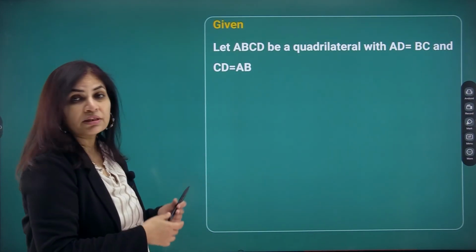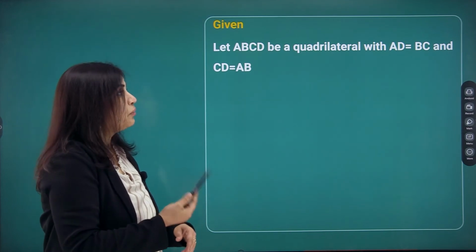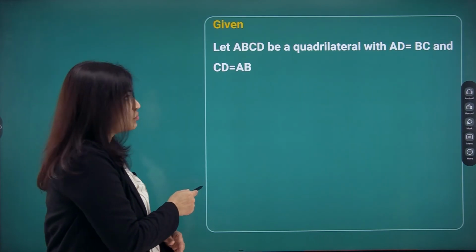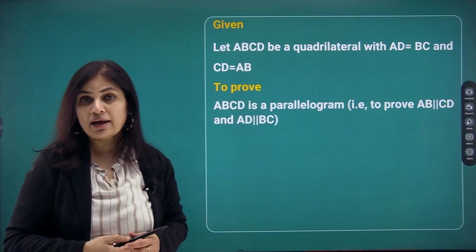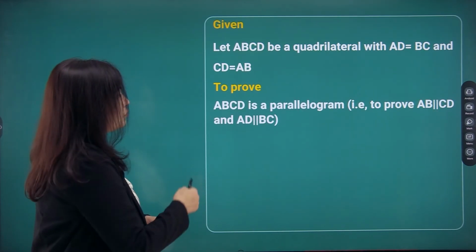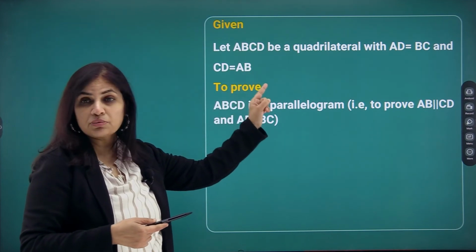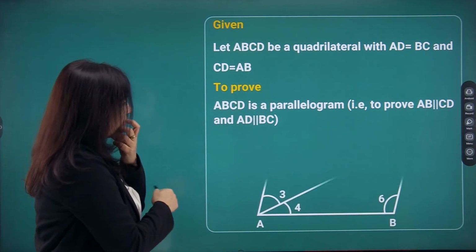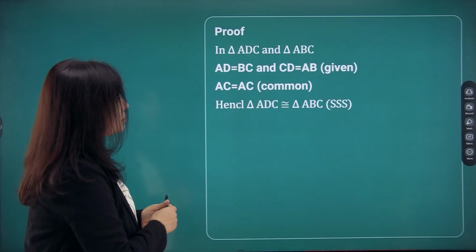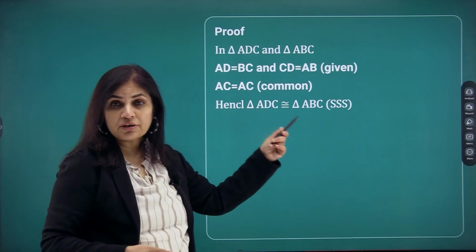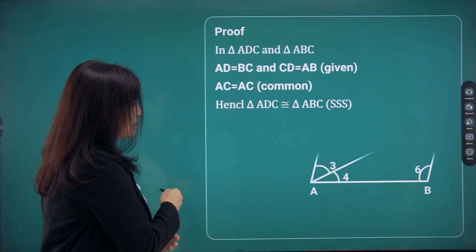We started with quadrilateral ABCD where the two opposite sides are given to be equal. We need to prove that ABCD is a parallelogram. That means we need to prove that the two pair of opposite equal sides are also parallel. Starting with the congruency condition, we could prove both the triangles congruent by SSS.